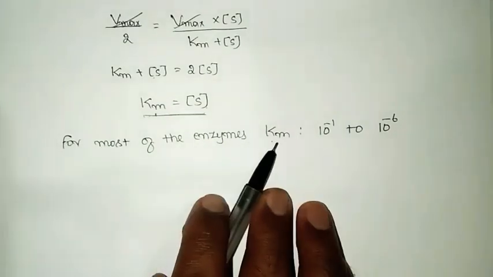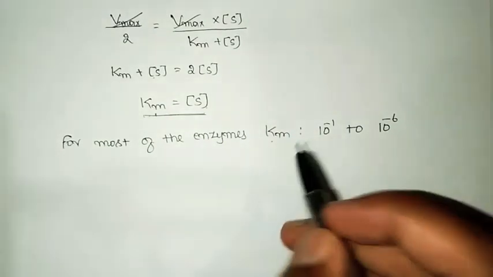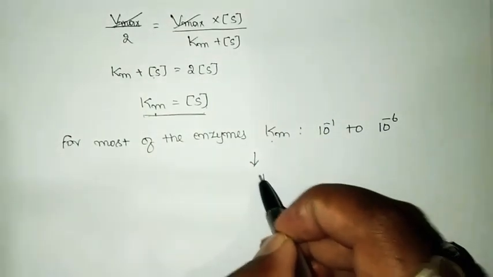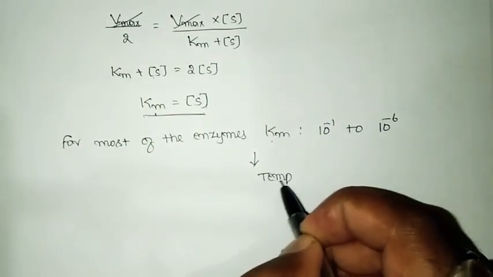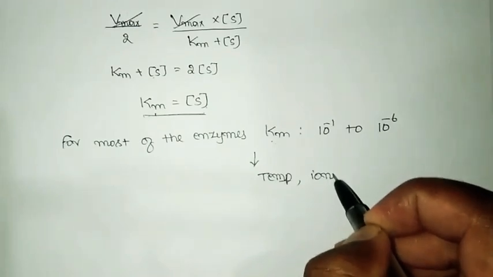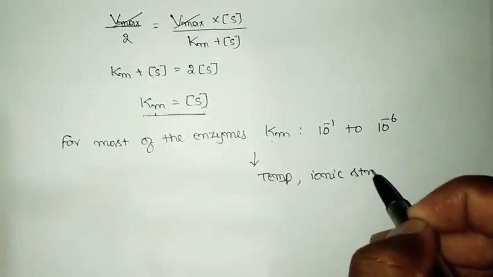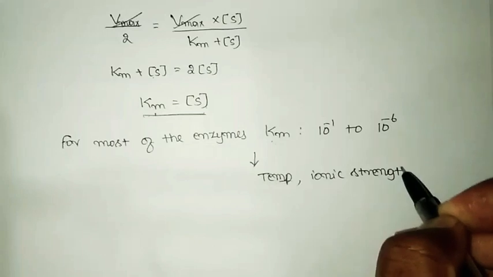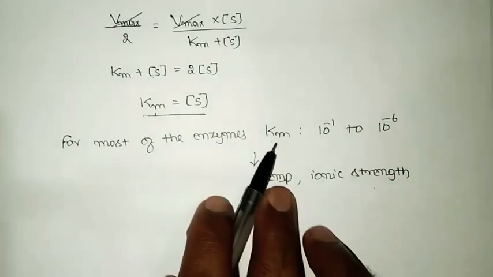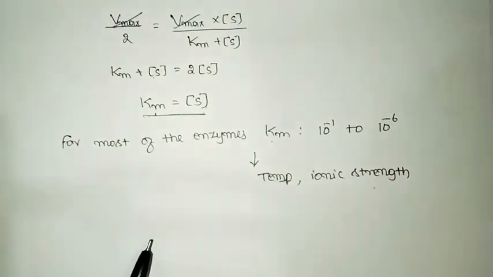And the value of the Michaelis Menten constant will be influenced by the temperature as well as the ionic strength of the solution. These are the two factors that influence the value of the Michaelis Menten constant.